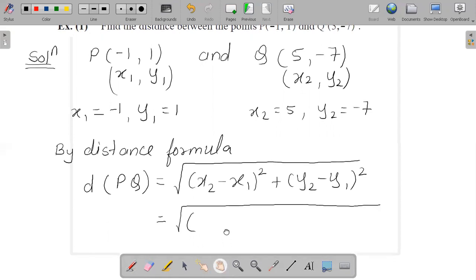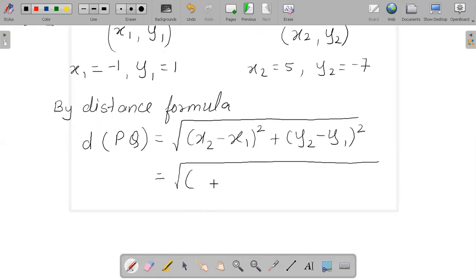Now you tell me what is x2? 5. 5 minus x1, which is -1. So write it in a bracket, -1 the whole square, plus y2 is -7, -7 minus y1. How much is y1? 1. 1 the whole square.